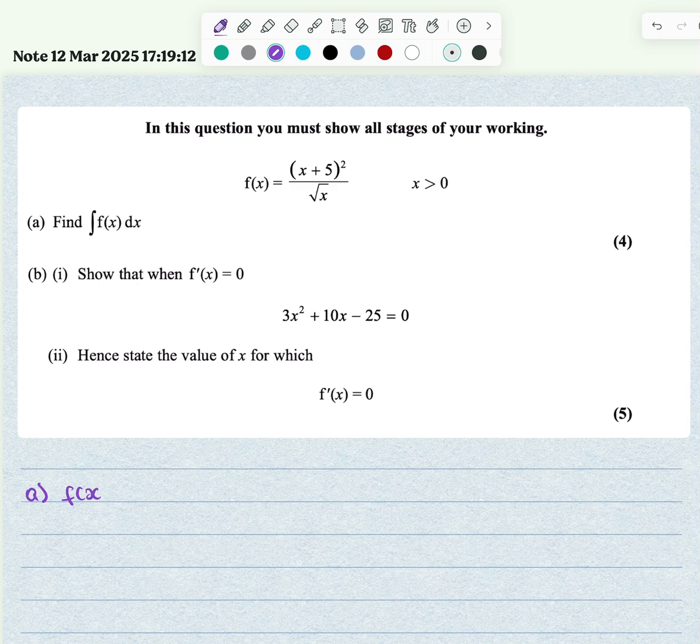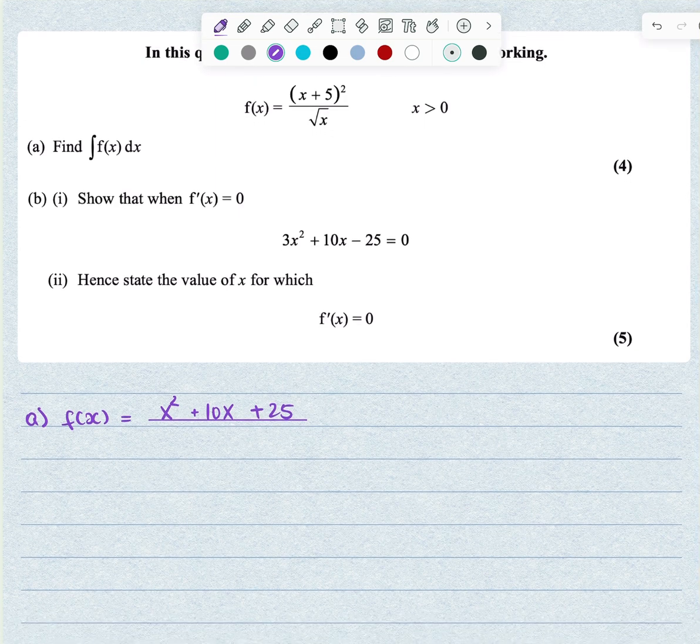So f of x can be written as x squared, x plus 5 squared, as x squared plus 10x plus 25. I used the binomial identity. You can multiply x plus 5 by x plus 5, by itself, as it's squared, and then instead of square root of x, I'm going to write x to the power of half.